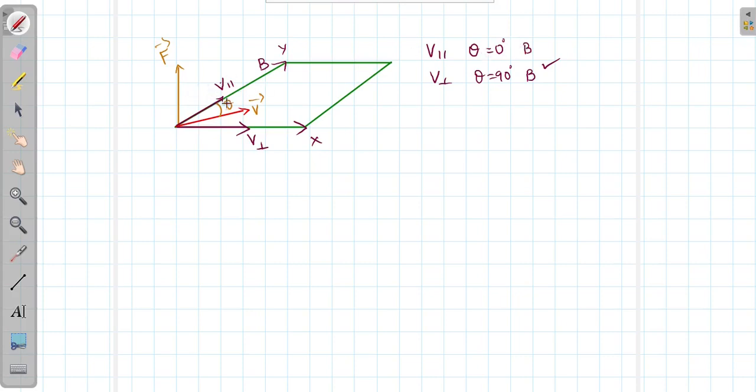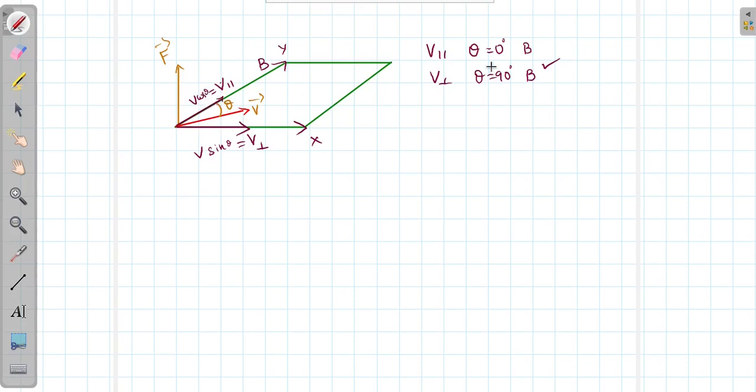The component parallel to the magnetic field is unused. Only the component perpendicular to the magnetic field will be used. So the perpendicular component is V sin theta. Parallel component is V cos theta.